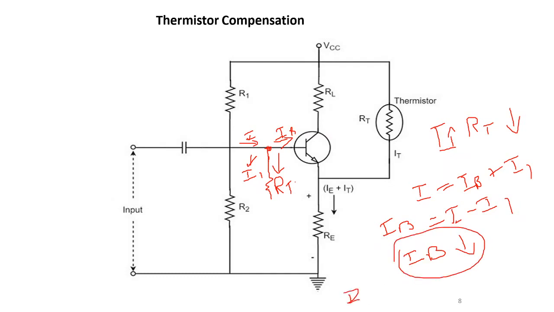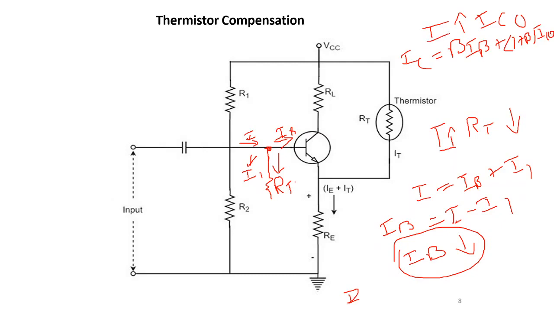According to the equation, we already know that IC will be equal to beta times IB plus (1 plus beta) times ICO. Whatever the amount of variation we got with respect to temperature in ICO has been compensated. So IC equals beta times IB plus (1 plus beta) times ICO.